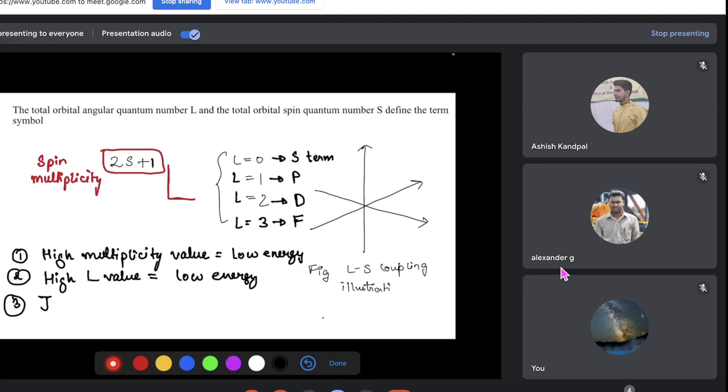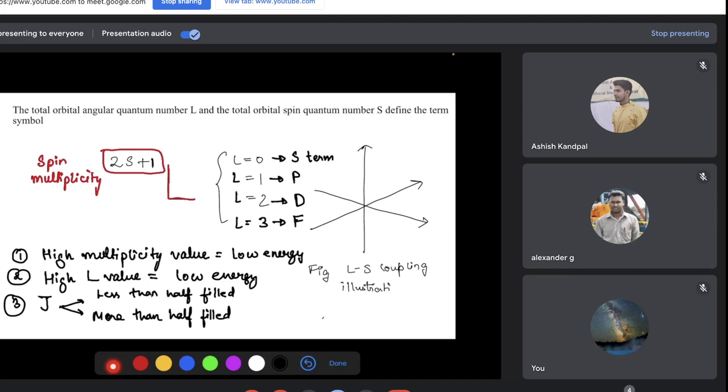so J value is something like, if my orbital is less than half filled or more than half filled.